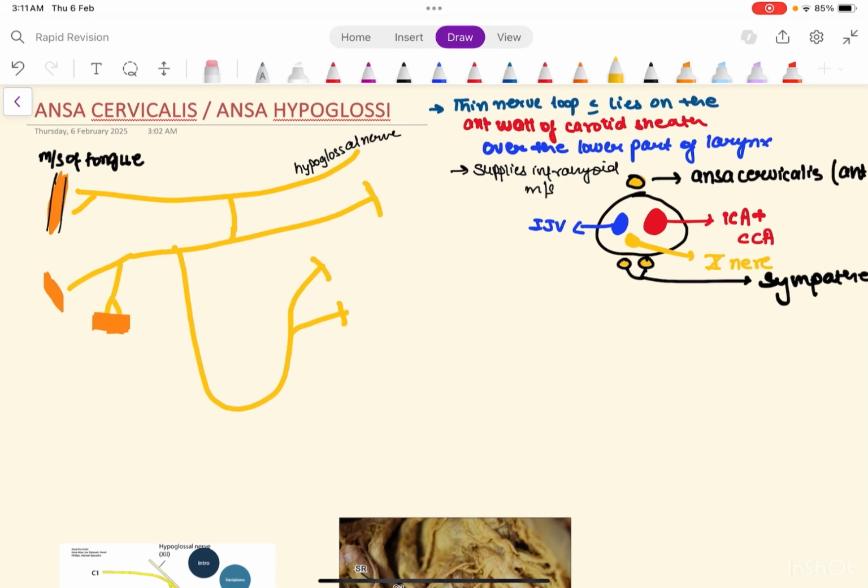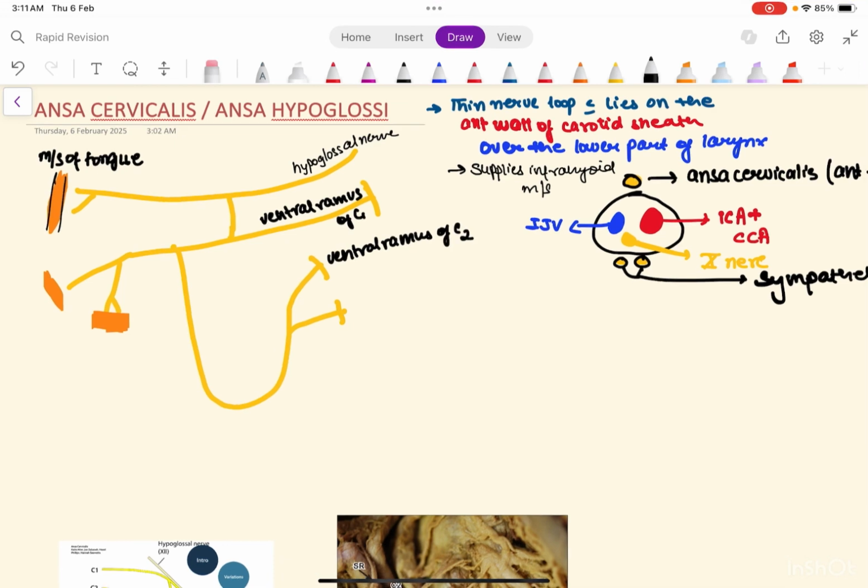Then we have the ventral ramus of C1, ventral ramus of C2, and ventral ramus of C3, basically cervical nerves.